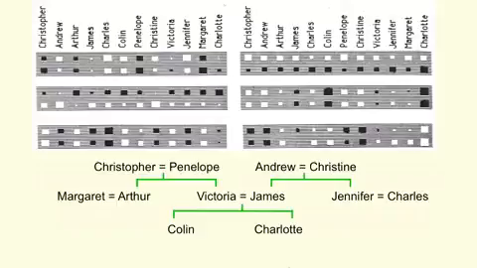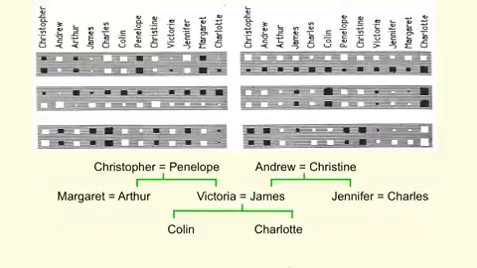Finally, if you look at the bottom grey rectangle on the left-hand side, you'll see that has a different structure. And if we look at the negative weights in the top row of that unit, it has a negative weight to Andrew, James, Charles, Christine and Jennifer.